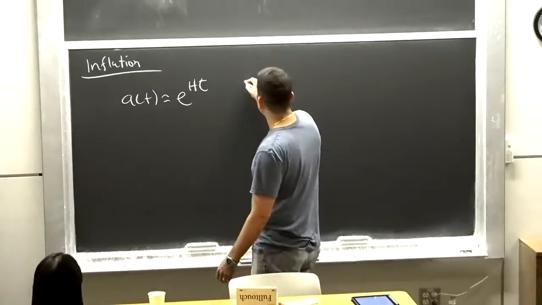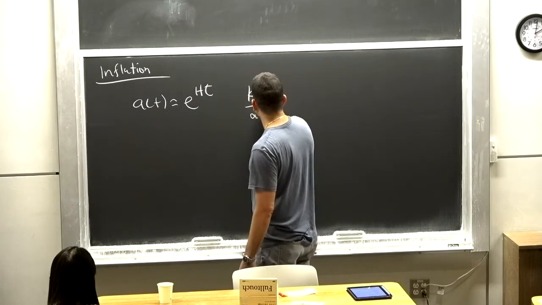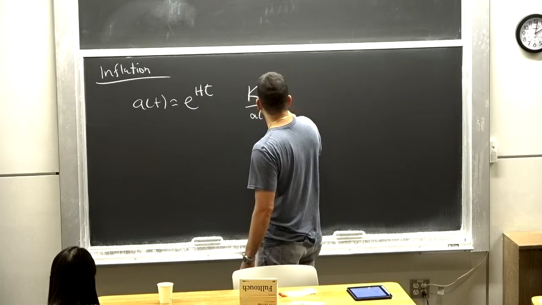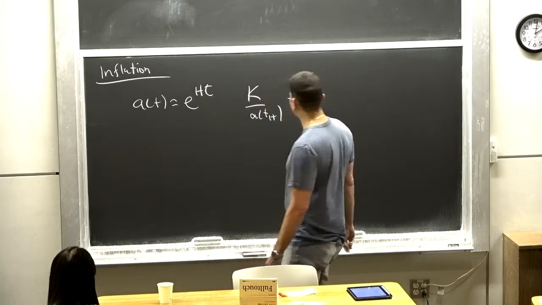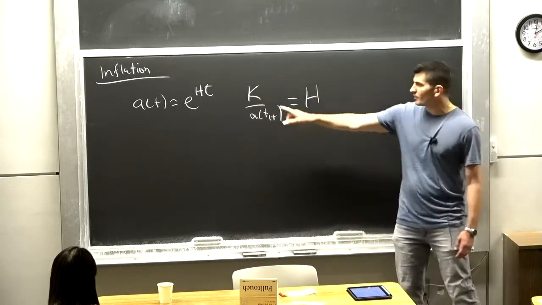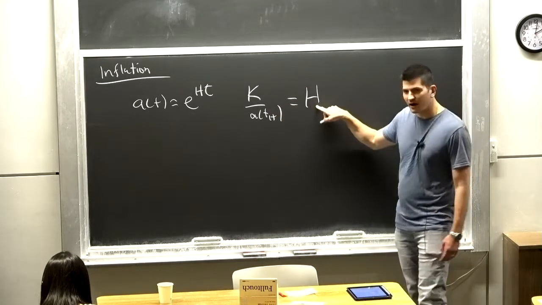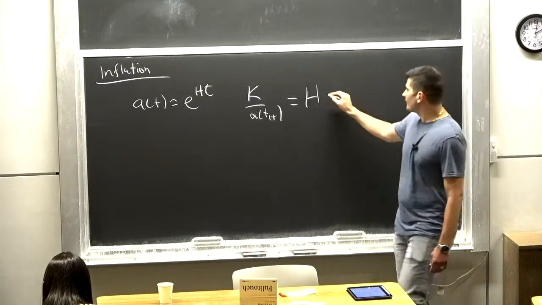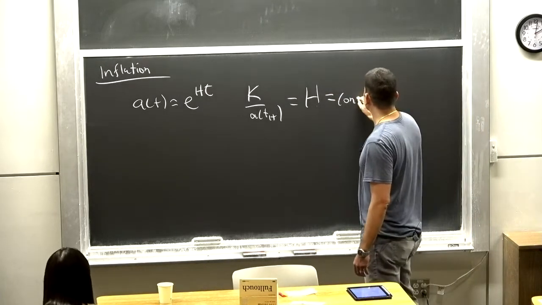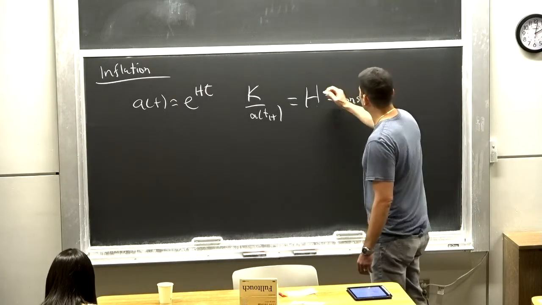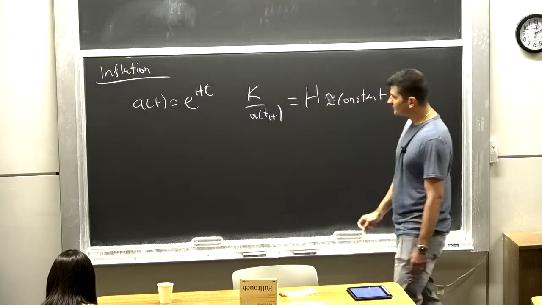Remember our definition of horizon crossing: the moment that a mode crosses the horizon is the moment where the physical wave number is equal to the Hubble scale. Now, this is approximately constant during inflation.